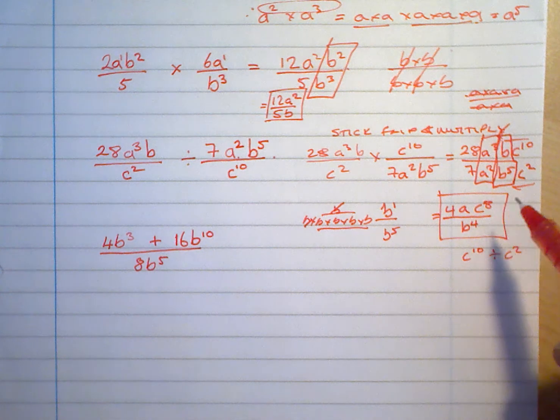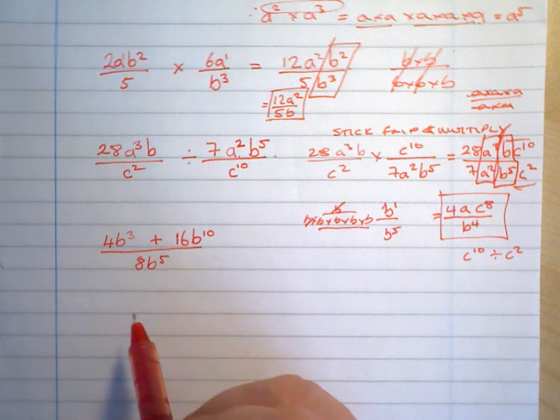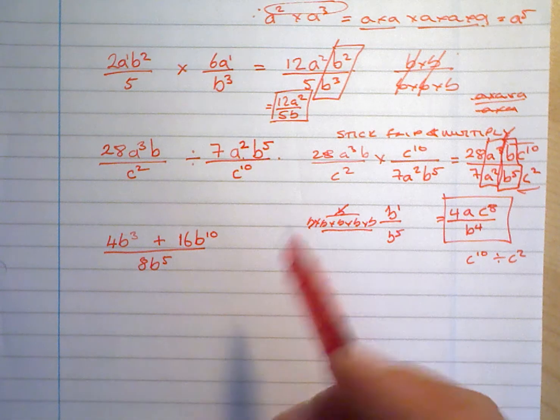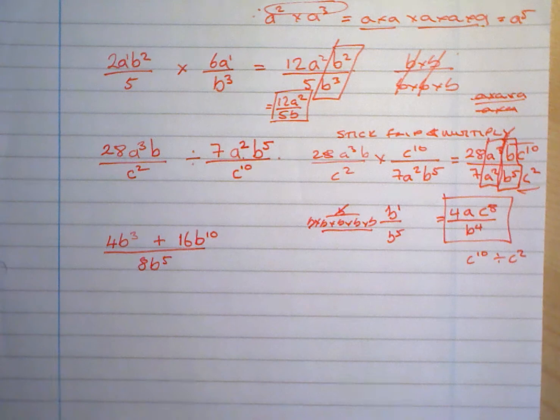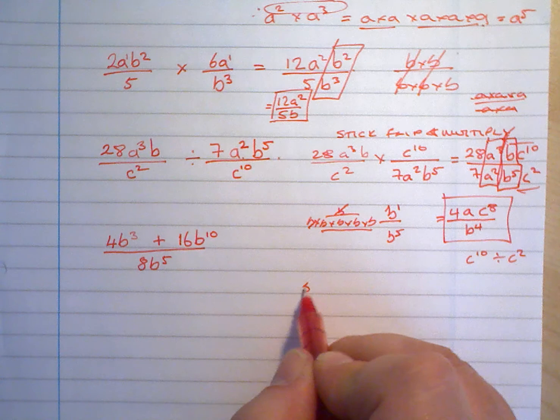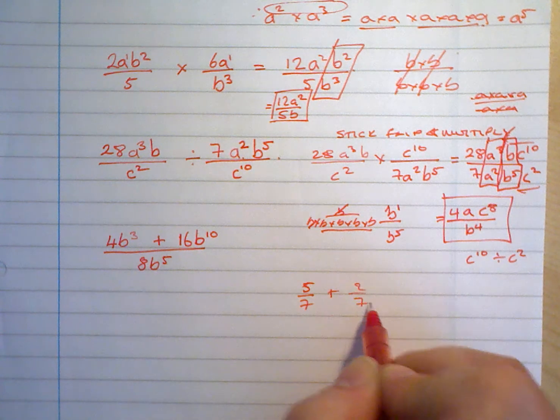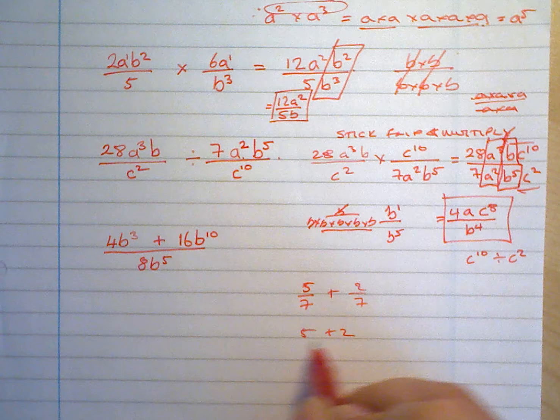Okay. So moving on to this question here. You'd be unlucky to get this question, but I thought I'd put it in because I think that Dr. Sadako had it for one of his top sets. And you have to remember that if you have 5 plus 7 plus 2 over 7, you can write that as 5 plus 2 over 7.